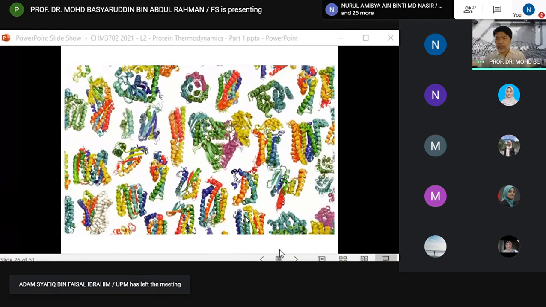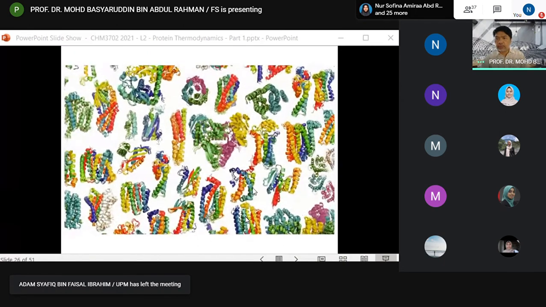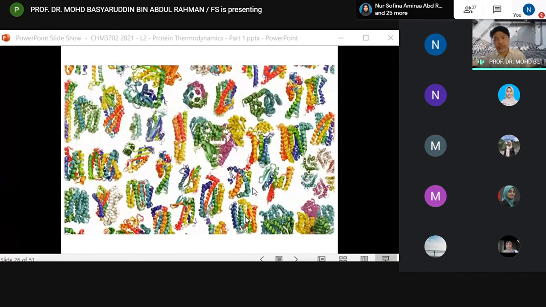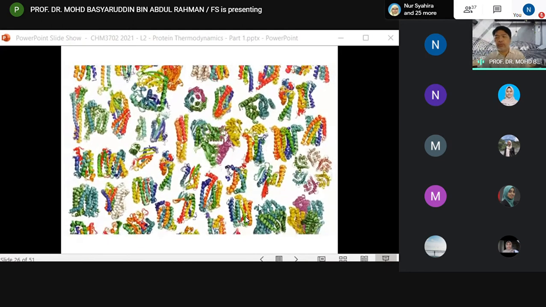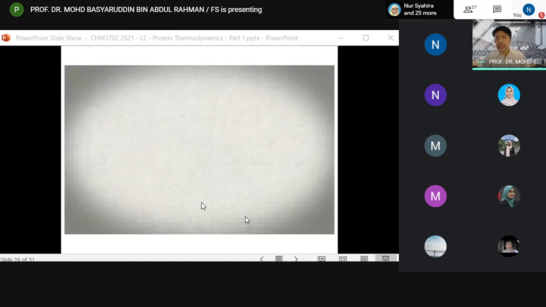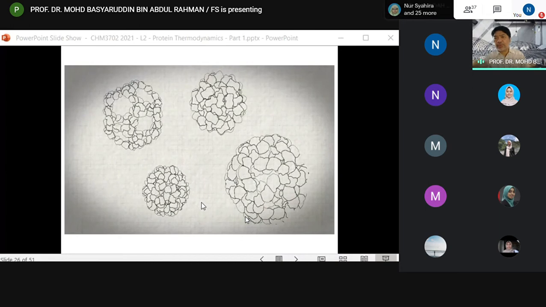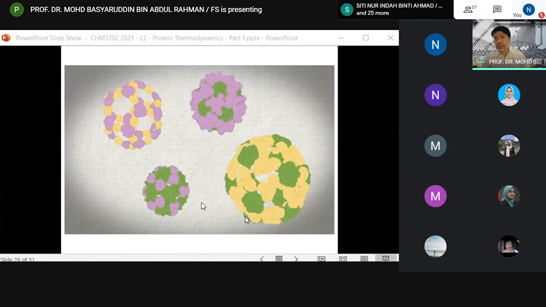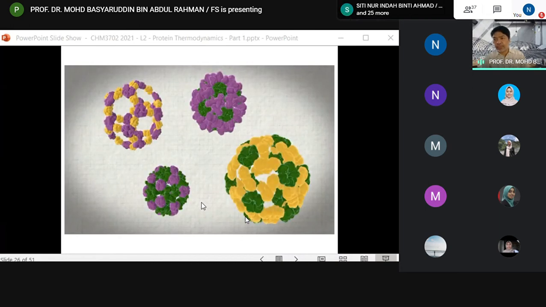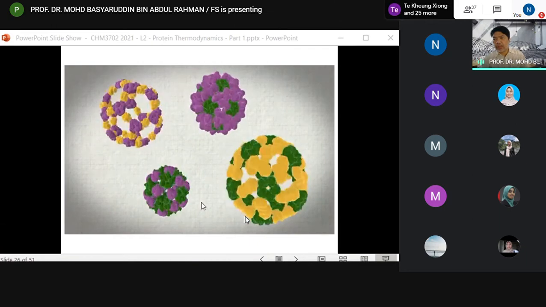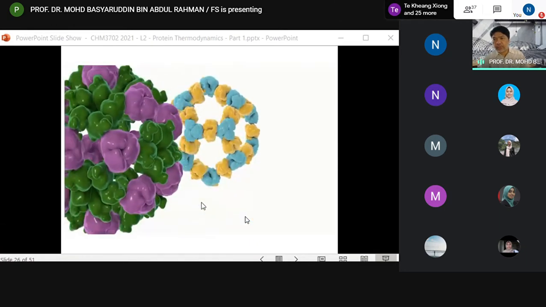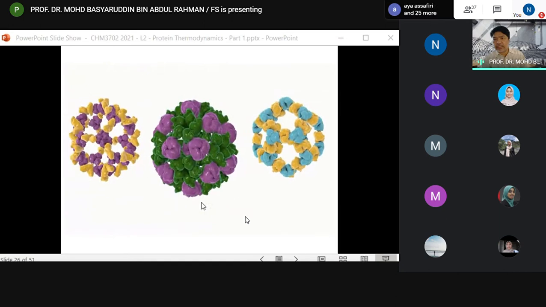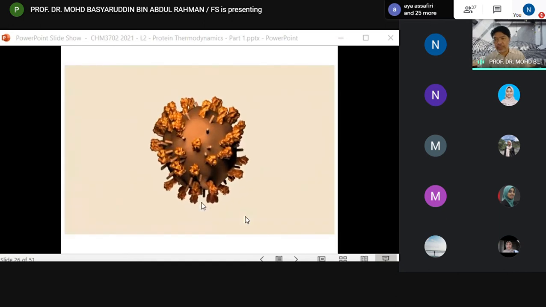So based on this, we can basically fold many different proteins, and it may also be used when they start to design certain molecules for different applications.